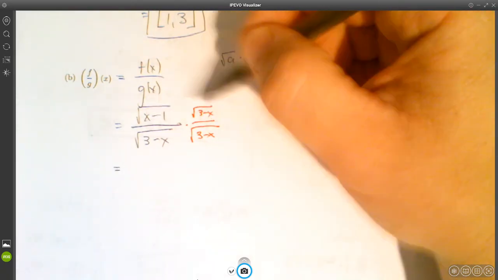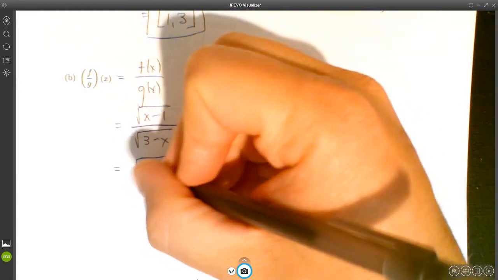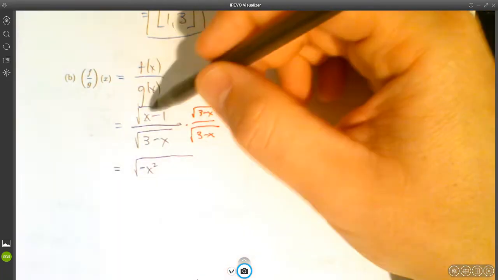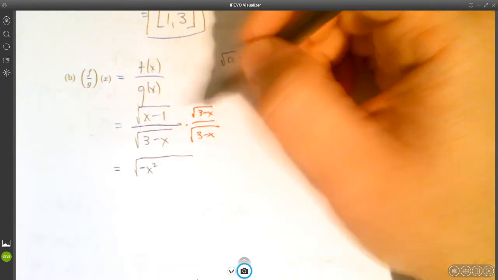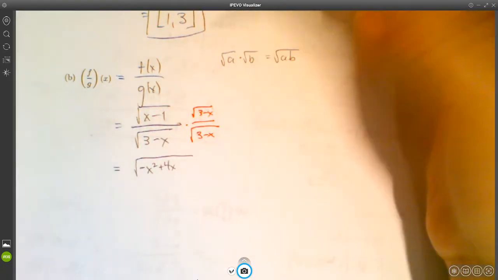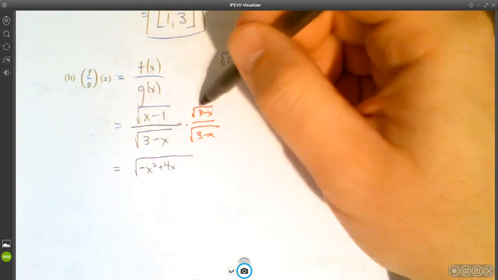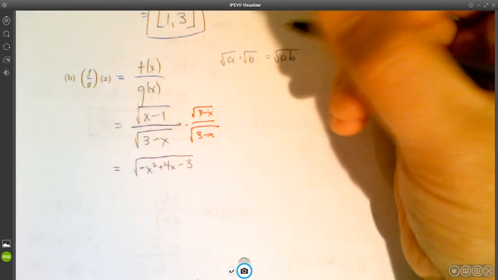So x times negative x is negative x squared. So I'm going to have square root of negative x squared. Then I'm going to get a positive 3x and a positive x, so that's going to make a positive 4x. And then I'm going to have a negative 1 times 3, which is negative 3. Okay, so there's the numerator.